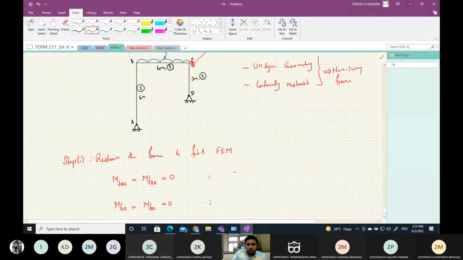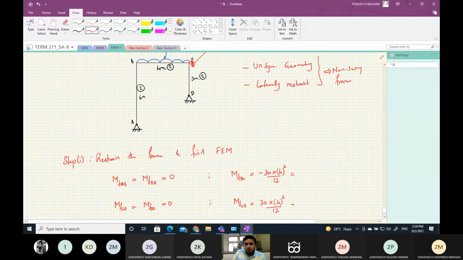Now MF BC will be minus 30 into 4 square by 12. How much is this value? And MF CB will be equal to 30 into 4 square by 12.